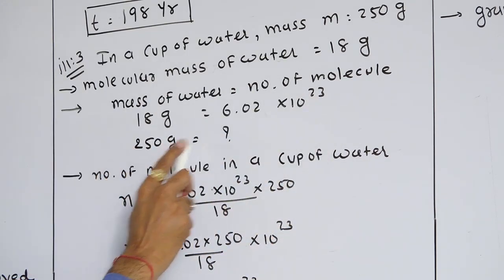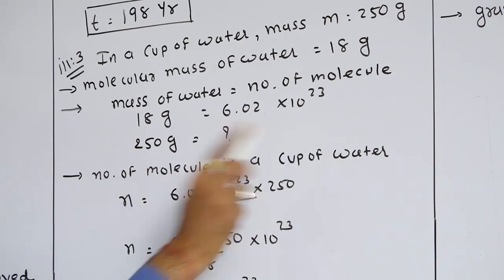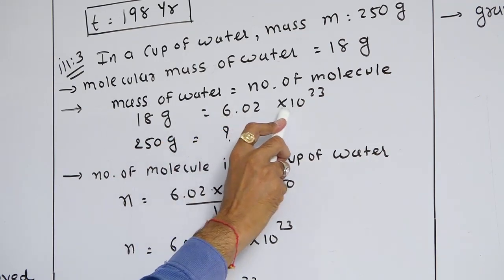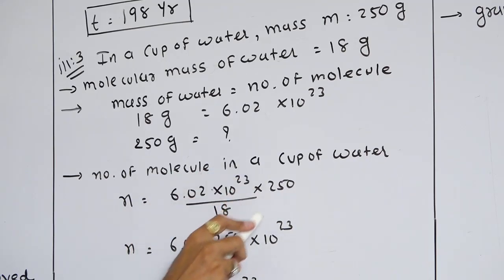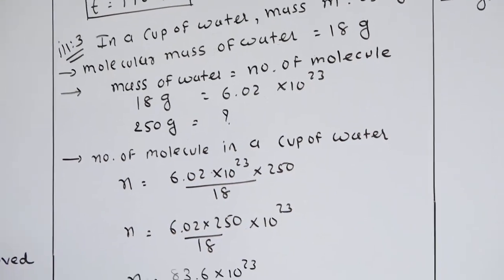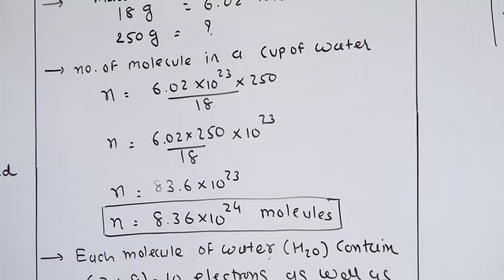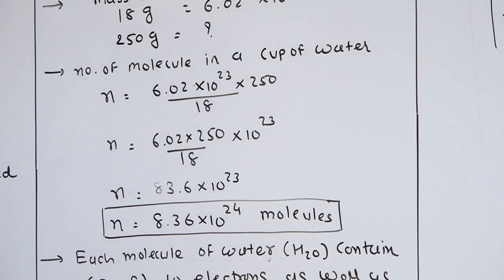In 250 gram, the number of molecules is dash. Cross multiply: 250 multiplied by 6.02 into 10 to 23 divided by 18. The answer is 8.36 into 10 to 24 molecules in a cup of water.